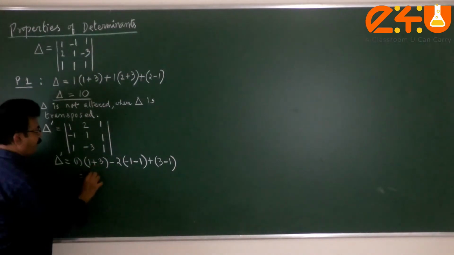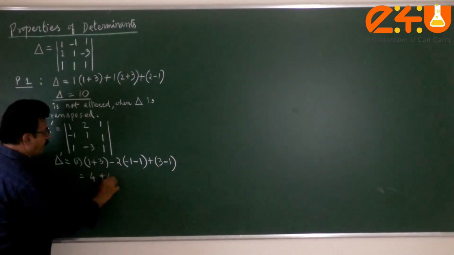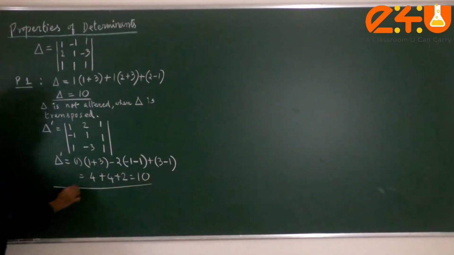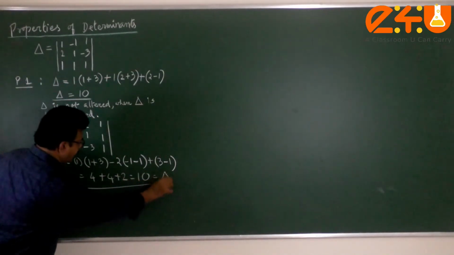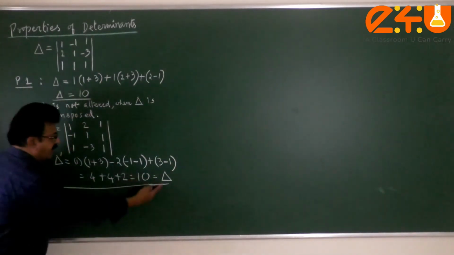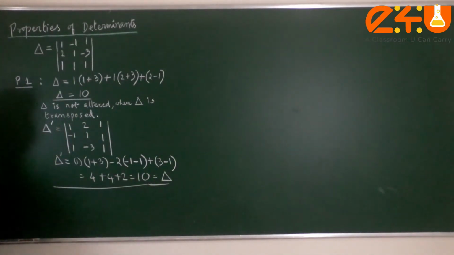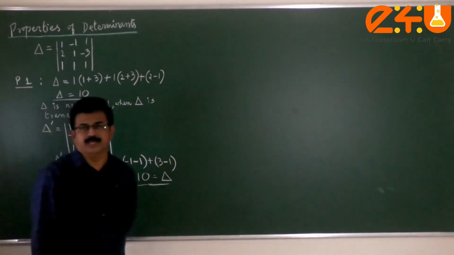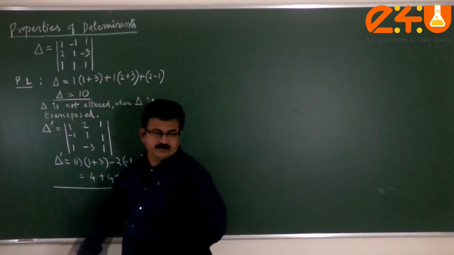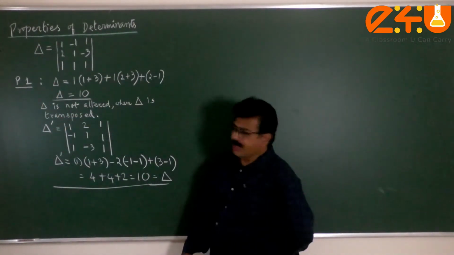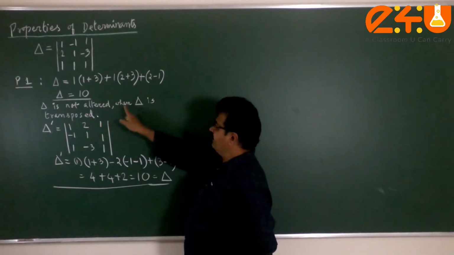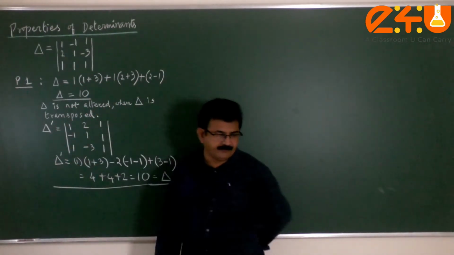That makes 4 plus 2. As you can see, the value has not changed. Delta transpose value is the same as determinant value delta. Both happen to be same as 10. That is the property P1. I hope my writing is visible. Delta is not altered when delta is transposed.